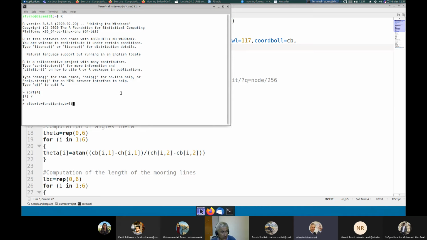So the second argument, default value is 5. Now let me press return. You see there is a plus because R is waiting for me telling it what to do with this function.